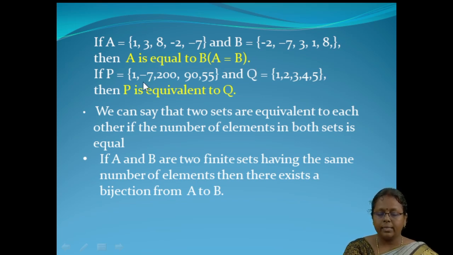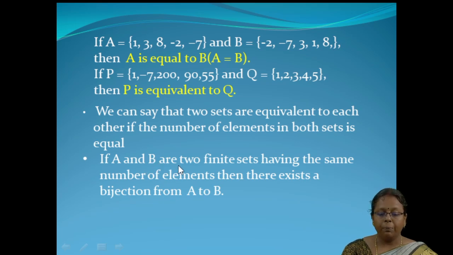Coming to the second example, P contains 1, -7, 200, 90 and 55, and Q contains 1, 2, 3, 4, 5. P and Q have 5 elements, but they are not equal, but P is said to be equivalent to Q. So we can say that two sets are equivalent to each other if the number of elements in both sets are equal.